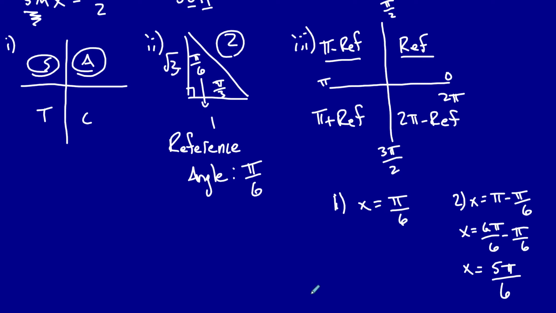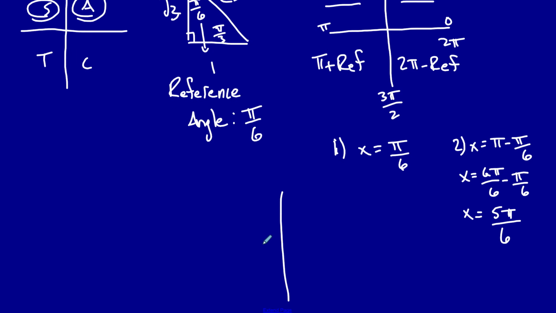So what this is really saying is that, if I'm looking at my unit circle, and you won't have to label this out at the end, but this is just for your concept development here. So if I have something out here of pi over 6, I know that it's going to be cos of x.